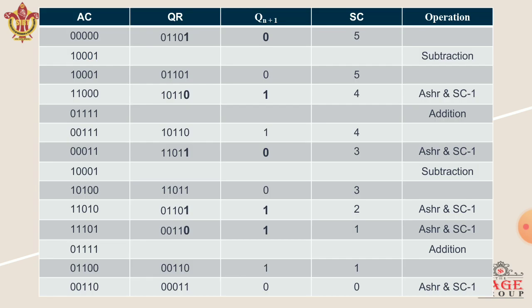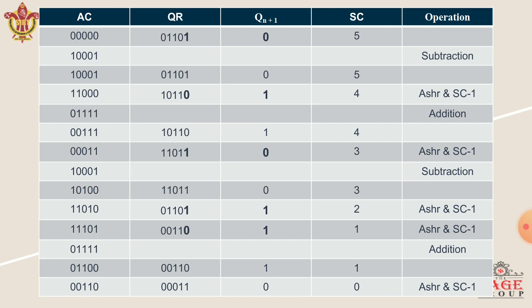Now, firstly, arrange the data in a table with columns AC, QR, Qn plus 1, SC and operation. Now put the values accordingly: in AC 00000, QR 01101, Qn plus 1 is 0, SC is 5, and in the operation part we write the operation we will perform.